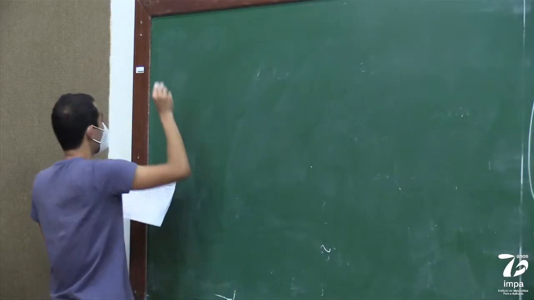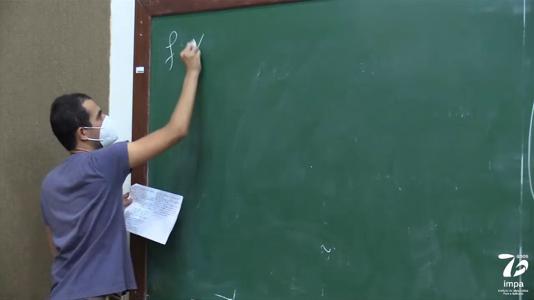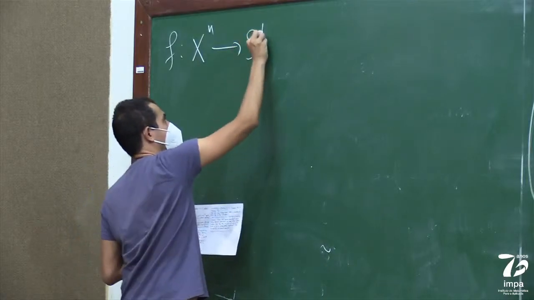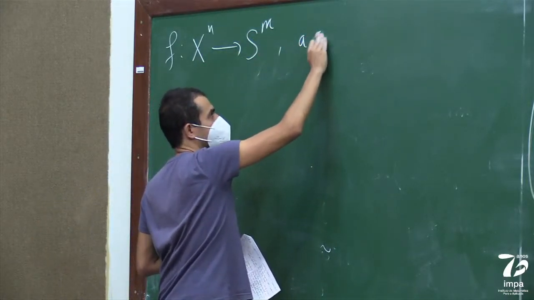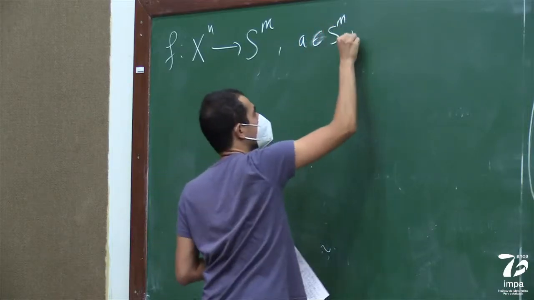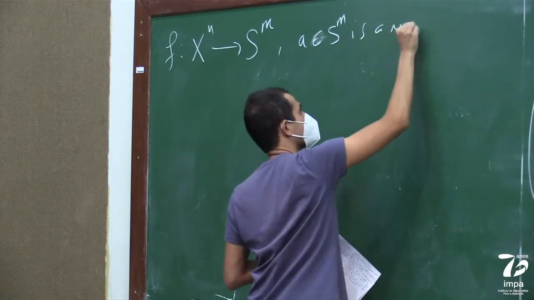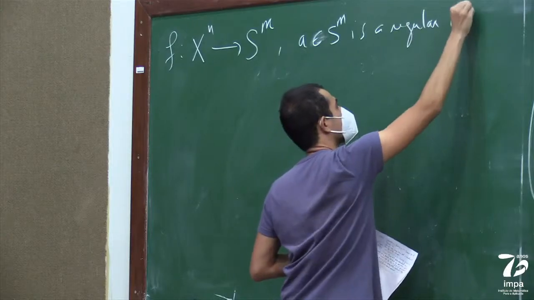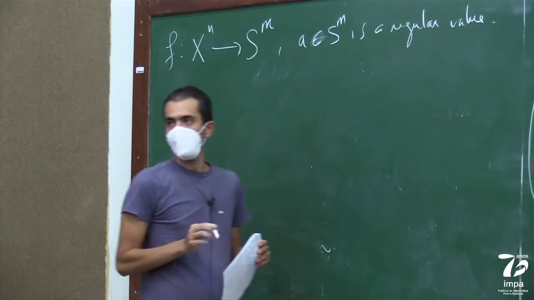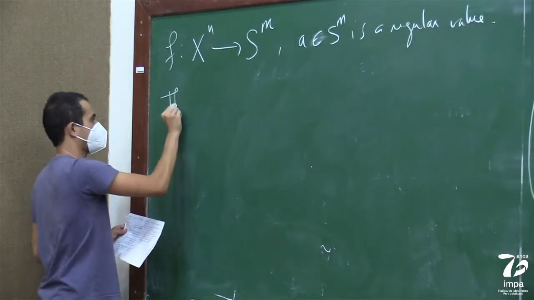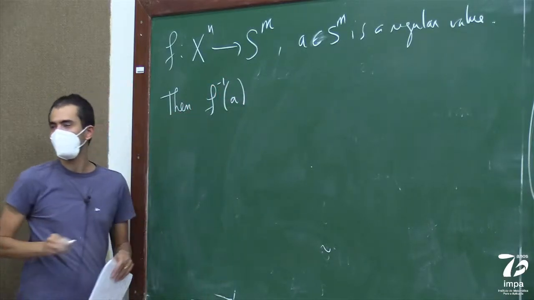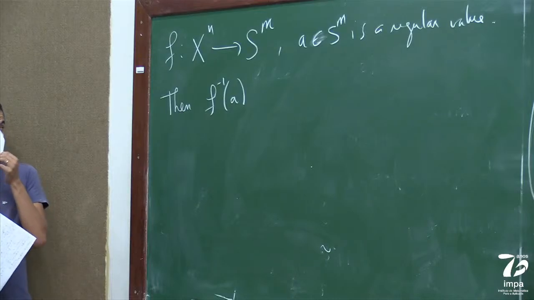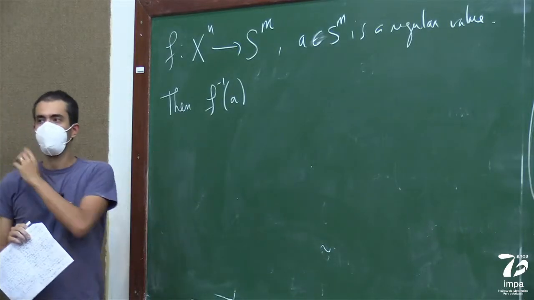So the thing is, if now we take a map F from X^n to S^m, and A is a regular value, then the preimage of A is a submanifold. But the preimage of A actually is a framed submanifold.